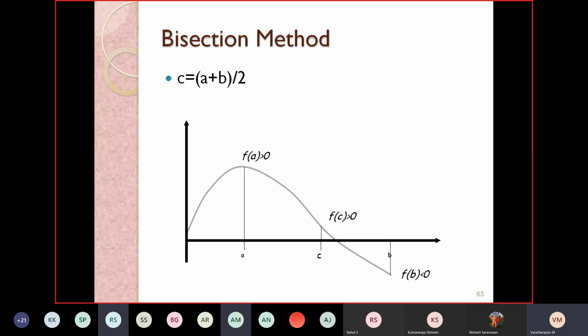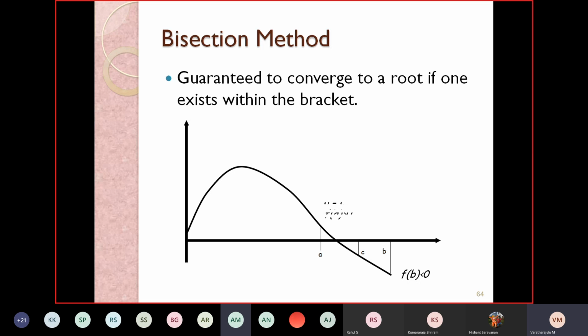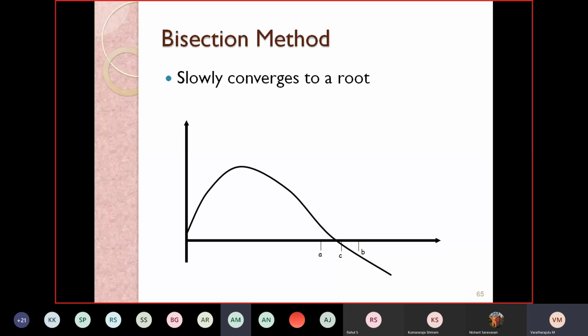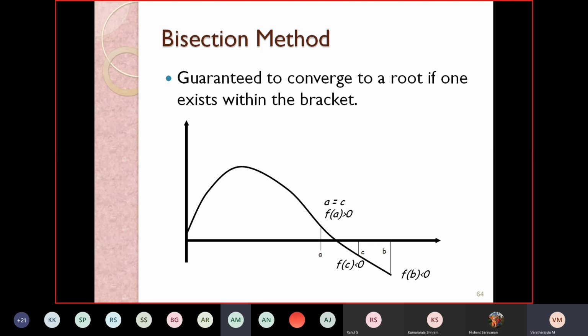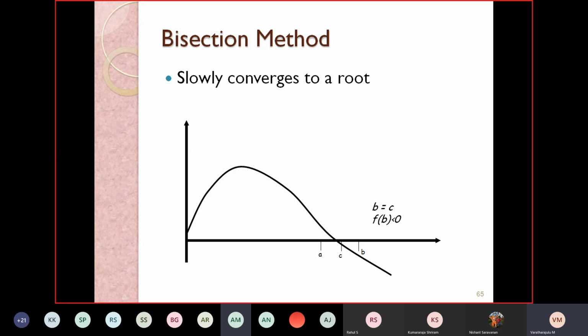Here f of c is greater than 0, and if f of a is greater than 0, take a is equal to c. If f of c is lesser than 0, take b is equal to c. This way we are going to solve the given problem.